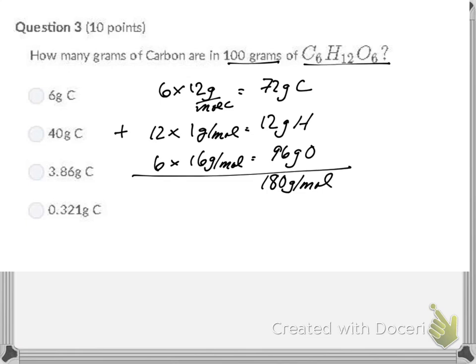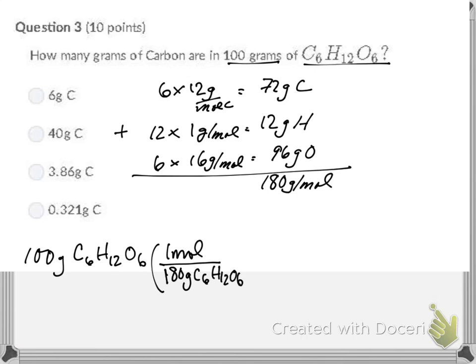So there are 2 ways to do this. We could recognize that 100 grams is about half a mole, and so if 72 grams of carbon are in 1 mole, then about 40 grams of carbon are in half a mole. But the formal way to do this problem is to say that if we have 100 grams of C6H12O6, the first thing we do is convert to moles of C6H12O6, and then convert using that information. We get moles of carbon, because there are 6 moles of carbon for every 1 mole of C6H12O6.